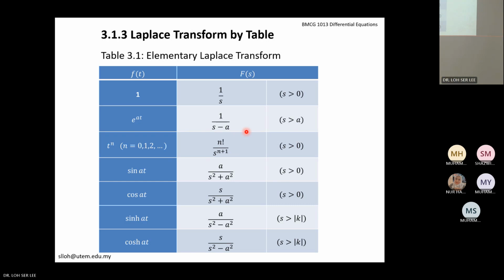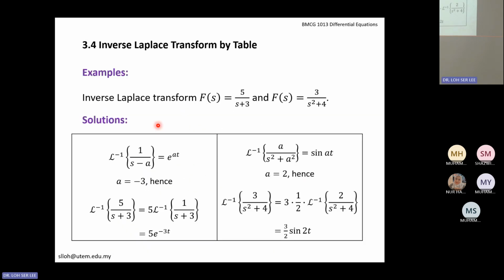After that, your function must be exactly in this form. Then identify the A, substitute the A value, and that would be your final answer. So now we are using this formula: inverse Laplace of 1 over s minus A gives e to the AT.